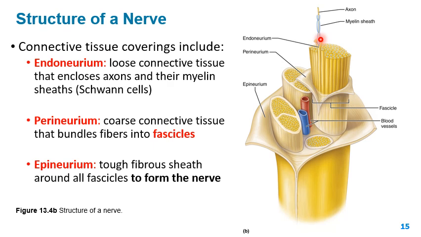So you have the axon, and then covering a single axon here, you're going to have the endoneurion, okay? So endoneurion is going to cover the individual axons, and then you put a lot of axons together, and you're going to have a fascicle. Okay, it's fascicle. Then what covers the fascicle is the perineurion.